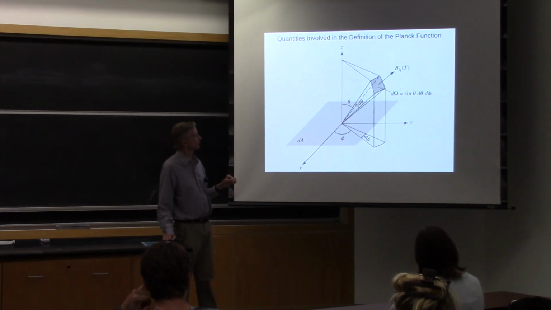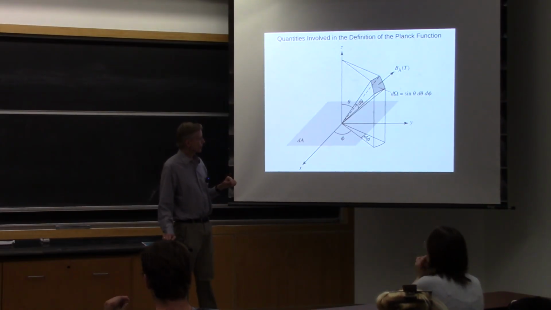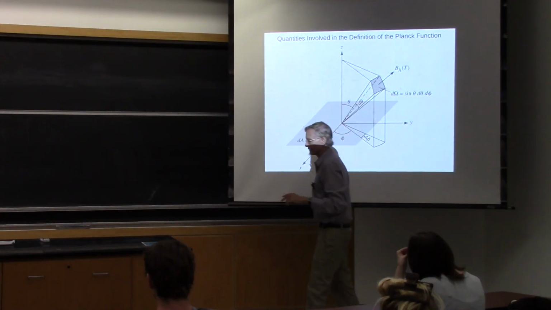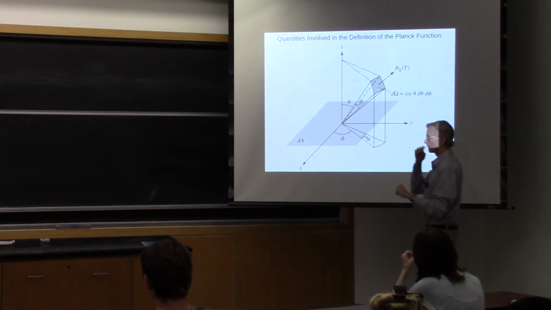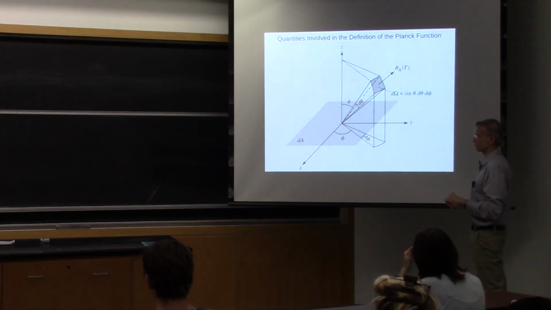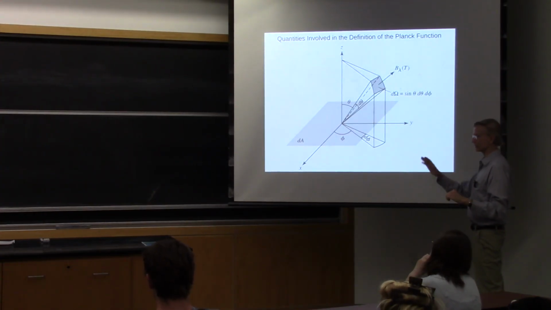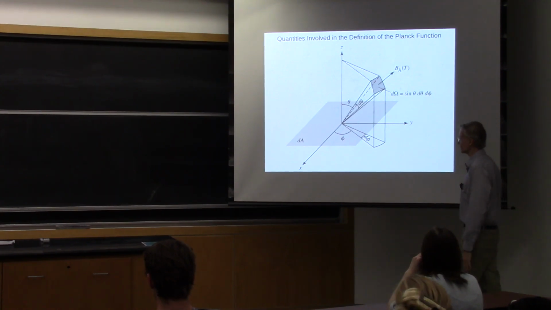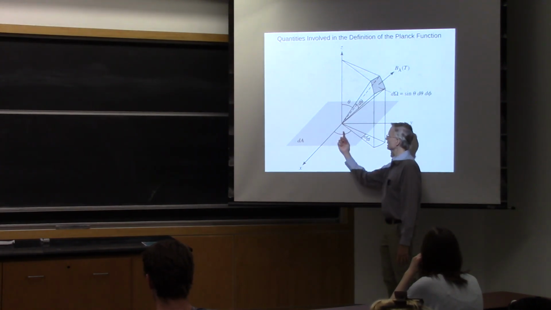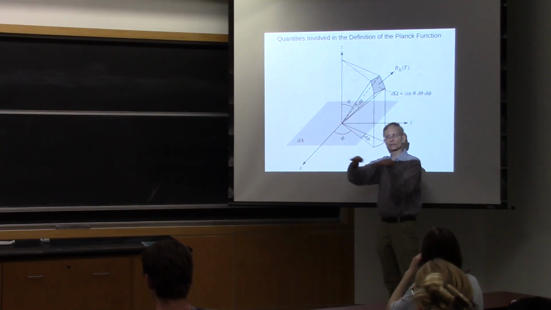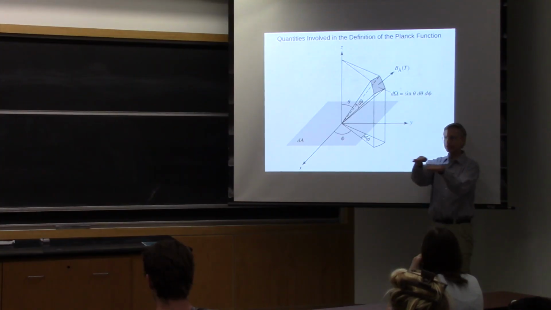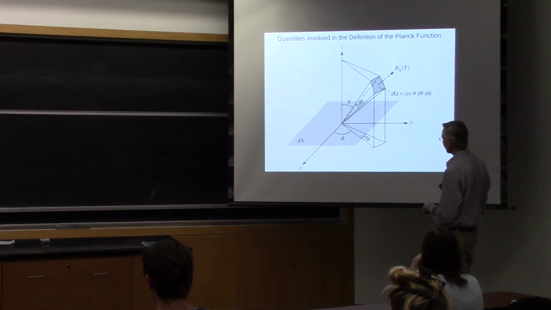So what we're imagining here is, what if I want to talk about a little element of solid angle that I could integrate over, that I could sum over, if you will. If we use polar coordinates, then the natural thing to do is to say the z-axis is perpendicular to the surface element, and then the x and y axes are in the plane of that little patch of surface. And we do the usual thing.